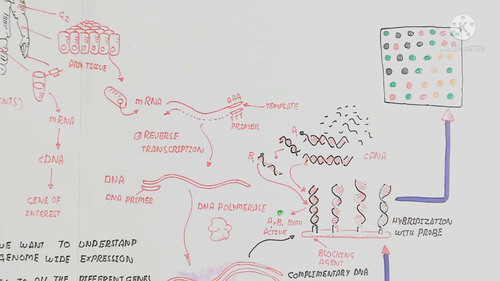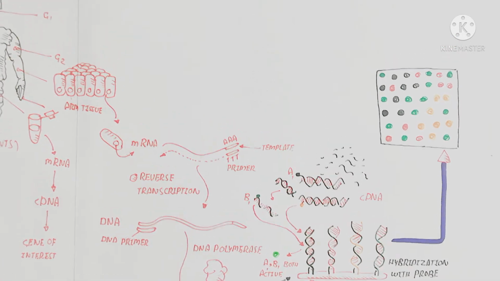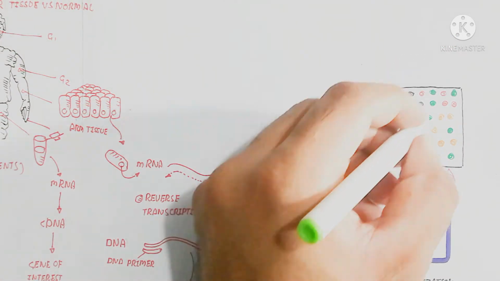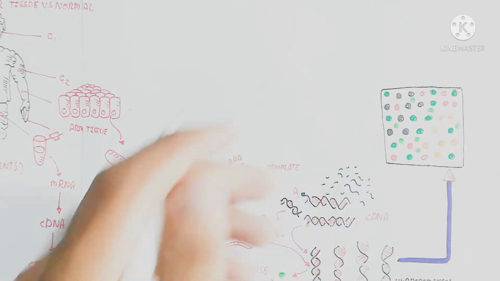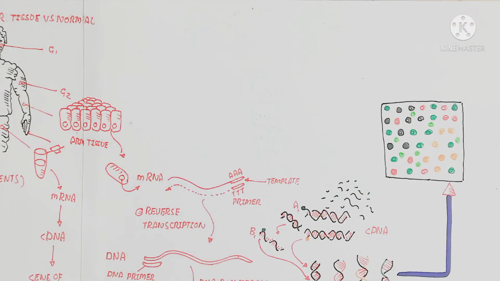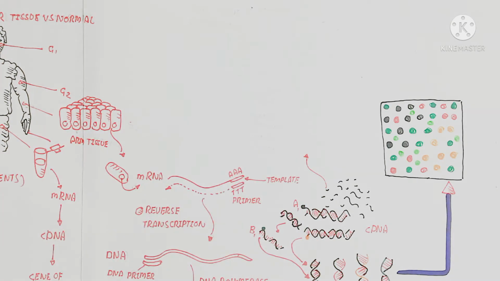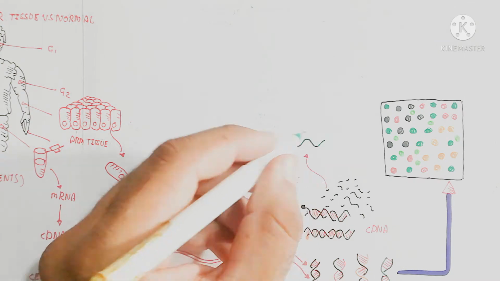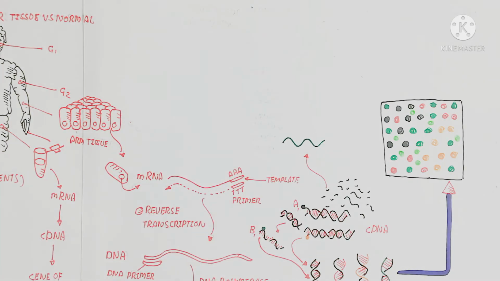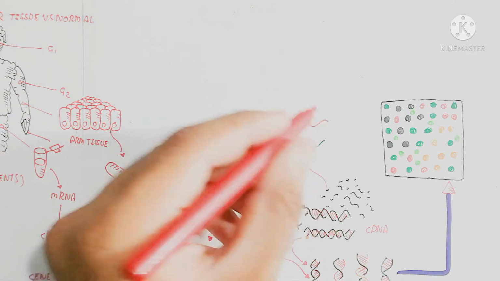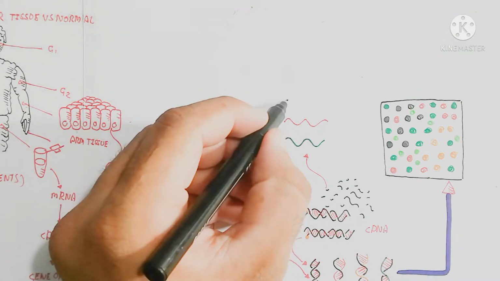So the color shown is not the same, because the complementary DNA also contains a color. So the color matches, while on the basis of the different color it can also bind with the different probe.